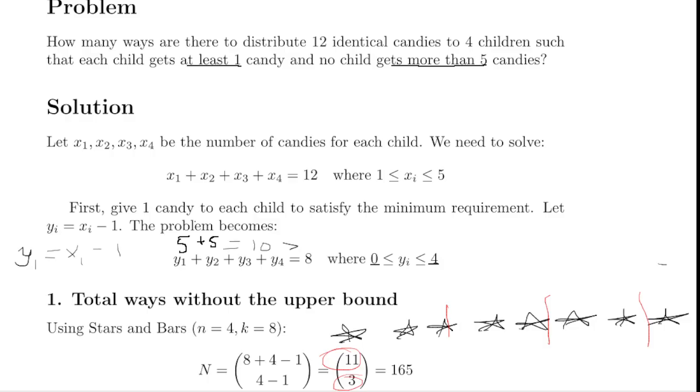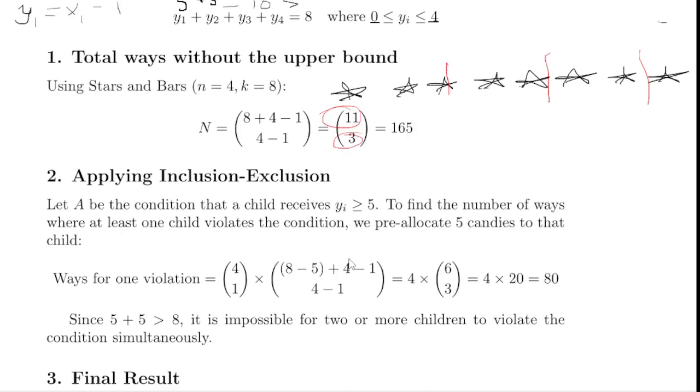So that means only one person can get at least 5 pieces of candy. So what we're going to do is another substitution. So here we said y sub 1 plus y sub 2 plus y3 plus y4 is 8. We're going to let z1 equal y1 minus 5.